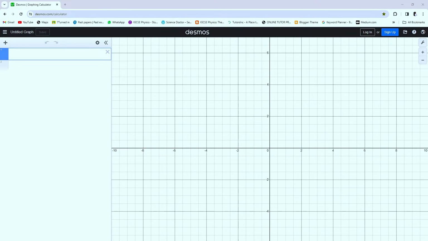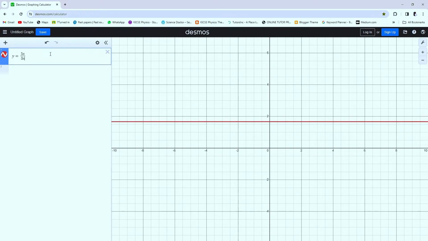All right, so remember our function, the function that we have just drawn. Our function was y equals 5x over 3x minus 1.